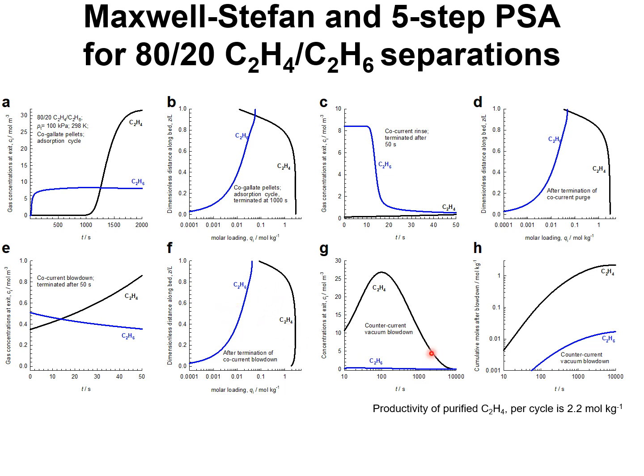The final step is the countercurrent vacuum blowdown, in which high vacuum is applied and the contents of the fixed bed adsorber are purged, and the cumulative amounts of ethene and ethane expressed in moles per kilogram are plotted here as a function of time.